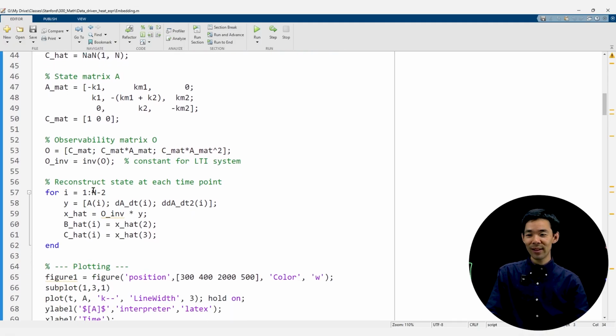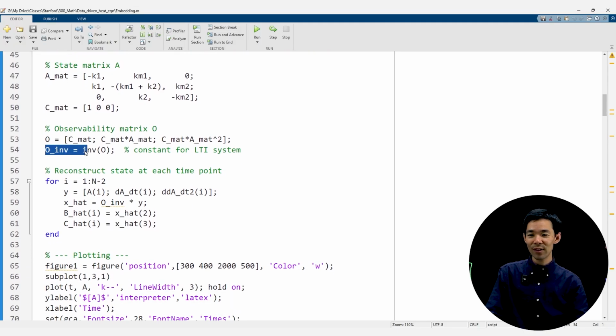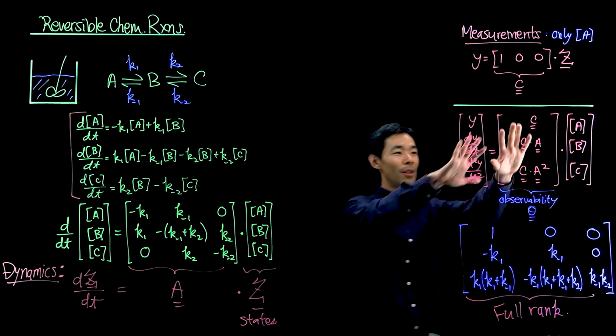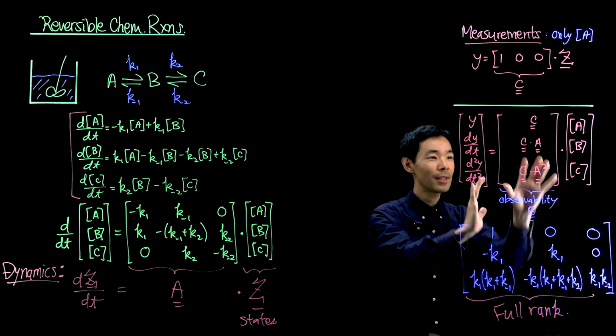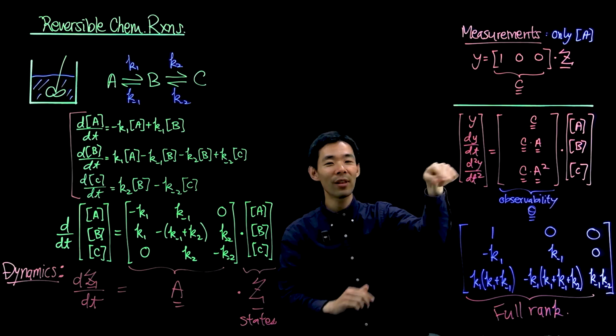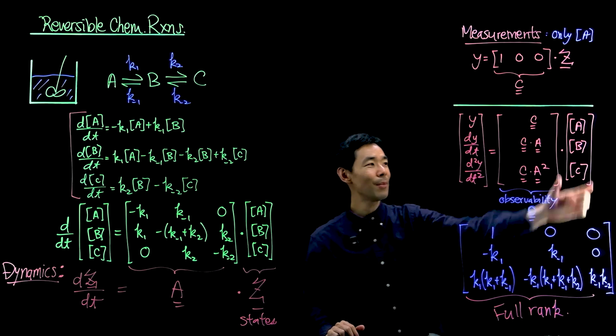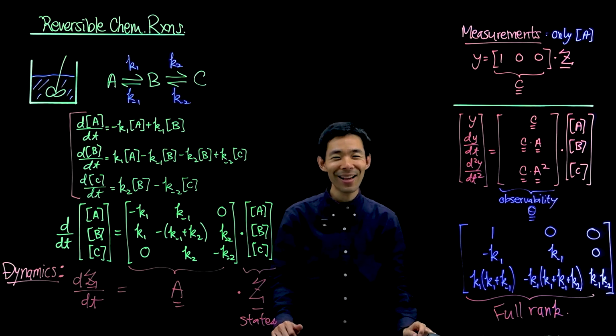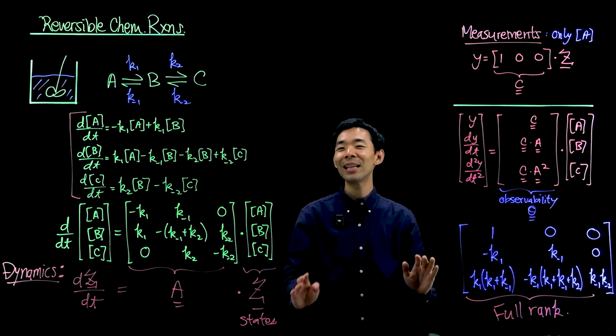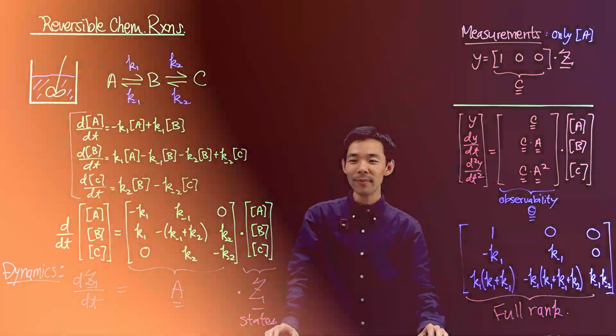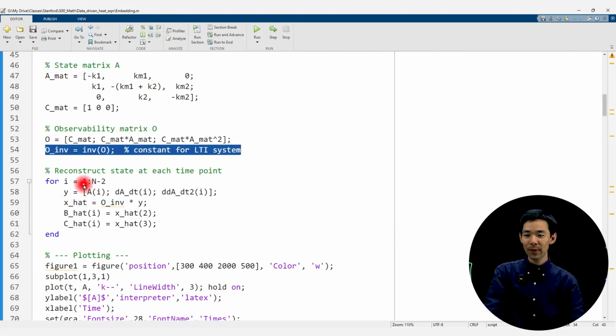Now, what I'm doing next is to invert that observability matrix. So on the board, I'm taking this observability matrix, inverting that, putting it over on the left-hand side, because I want my unknowns on the right-hand side. It's literally just a linear algebra operation. So now what I'm doing here is constructing my measurements y.